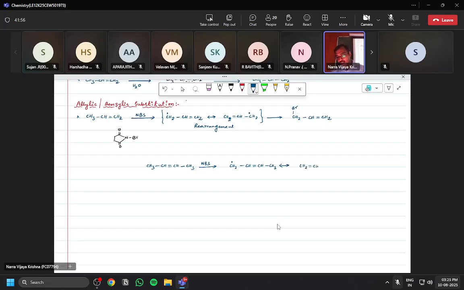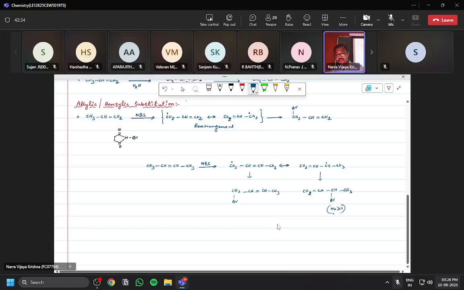CH2 double bond CH single bond CH radical CH3. This is a primary radical, this is a secondary radical, which is more stable. Therefore, this leads to the product that is major. Here also you will get a product, but that is minor. Are you able to understand the meaning of it now? Clearer? Right.